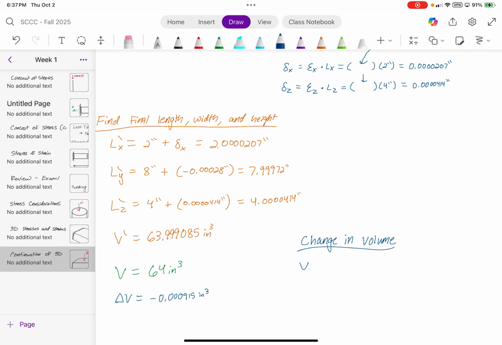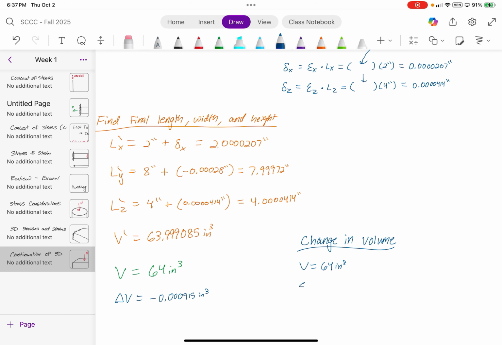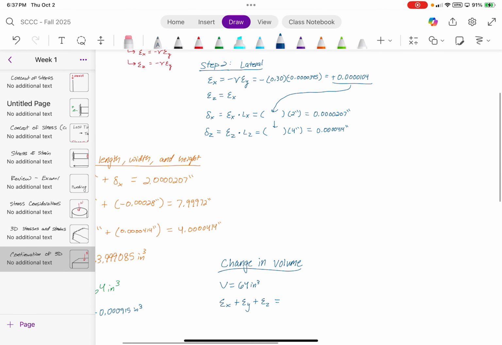We had the initial V naught value, or the original volume, which we said was 64 inches cubed. The only thing we now need is epsilon x plus epsilon y plus epsilon z, or the summation of all 3 of the strains.